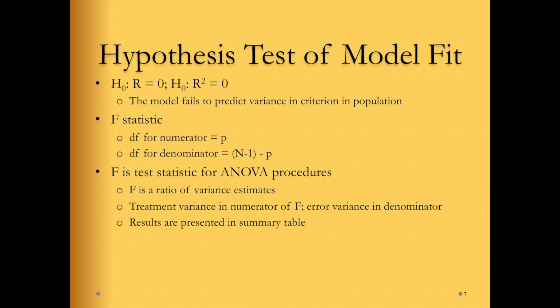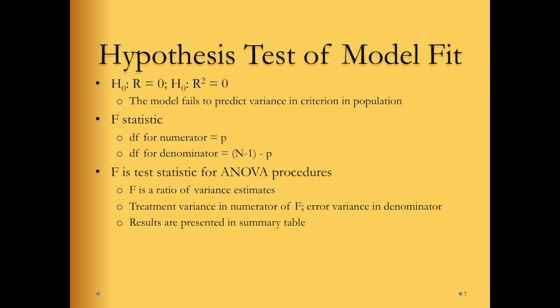This is the F statistic used in regression and ANOVA procedures. Specifically, the F is the ratio of two estimates of variance. In the numerator of the F ratio will be a calculation of variance associated with treatment, while in the denominator of the F statistic there will be an estimate of error variance.